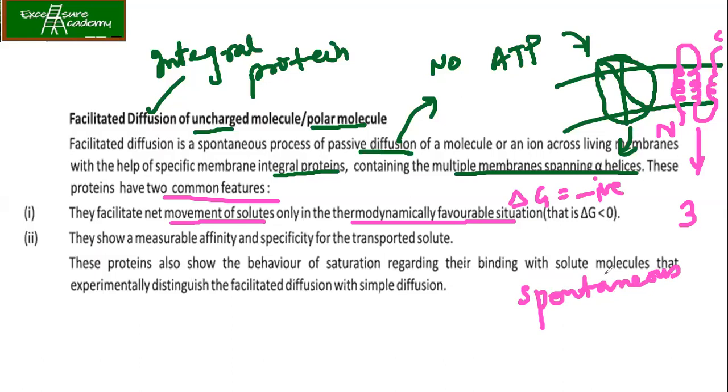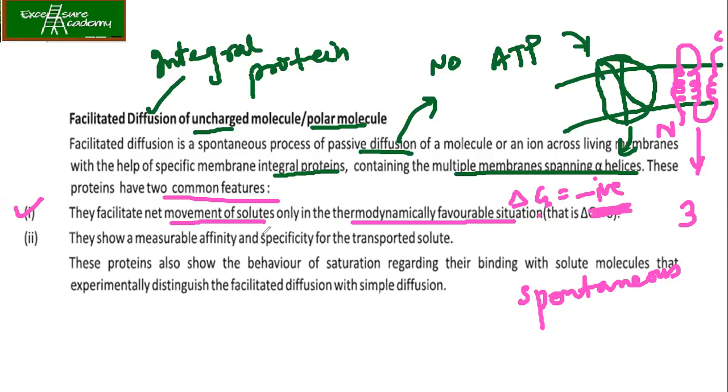It means that whenever there is a high concentration of solute molecules present, it will bind to the carrier molecule and the movement will take place. Okay. So this is very important. Please remember that facilitated diffusion helps in the movement of solutes only in the thermodynamically favorable situation. So here your delta G has to be negative. What is delta G? It is the Gibbs free energy change.